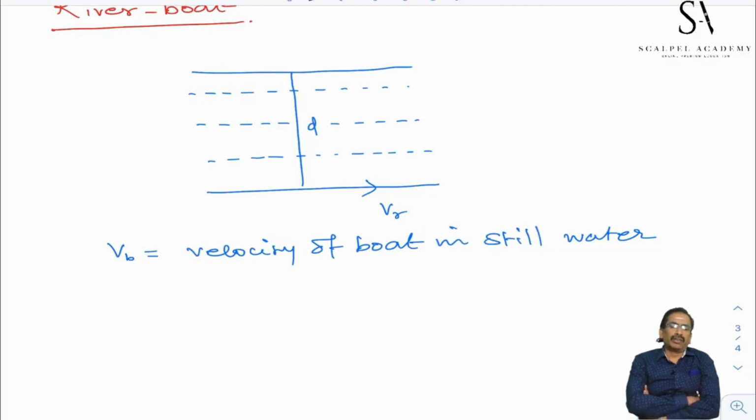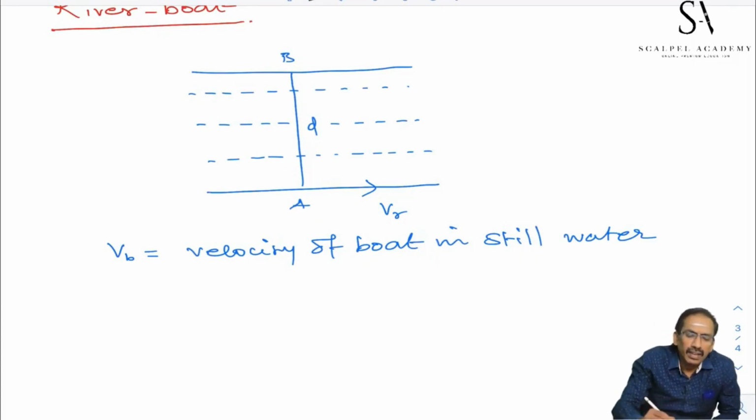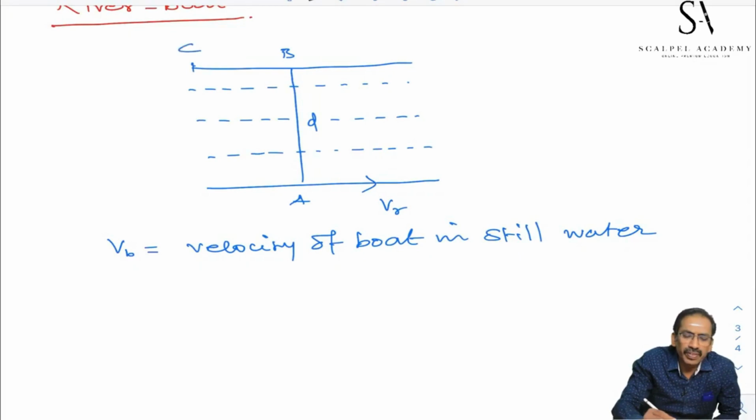Now the boat wants to cross the river of width d. A is the starting point, let us take. B is the exactly opposite point on the other bank of the river. The boat initially can start in any direction, along AB, along AC also, or along AD also.